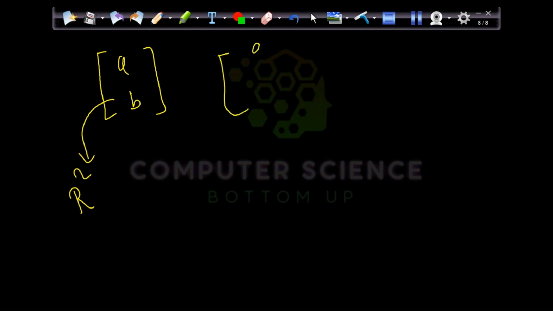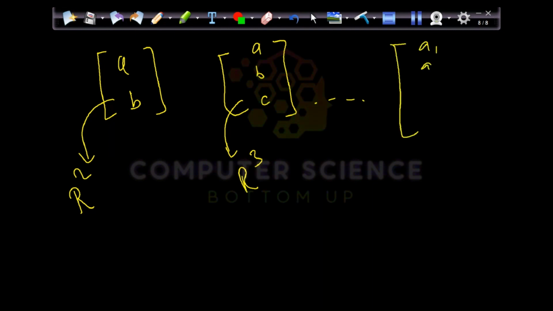If your vector has 3 coordinates, then you will say this vector belongs to the R3 space. Similarly, taking n, you will say this is a vector in Rn space. We will look into the details of vector spaces in upcoming videos.